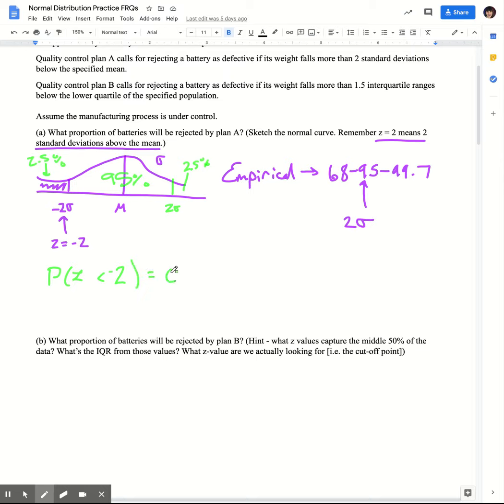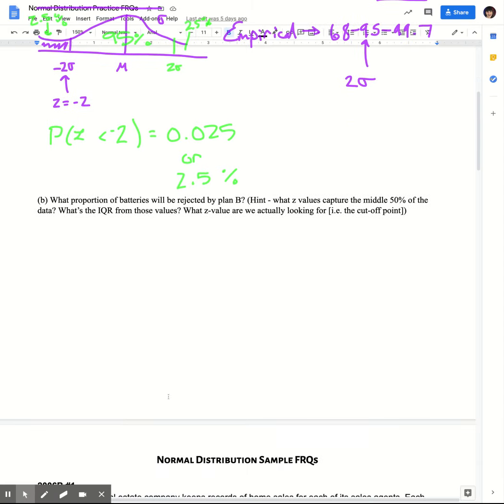That probability is 0.025. Right? So you can write it as a decimal, or you can write it as a percentage, 2.5%. Okay? All right.